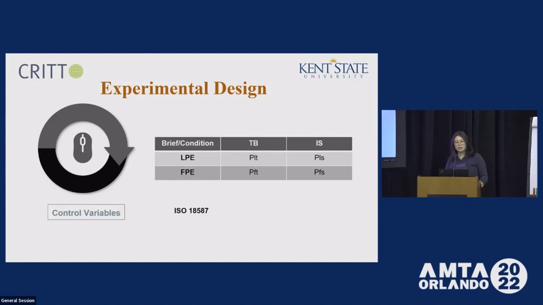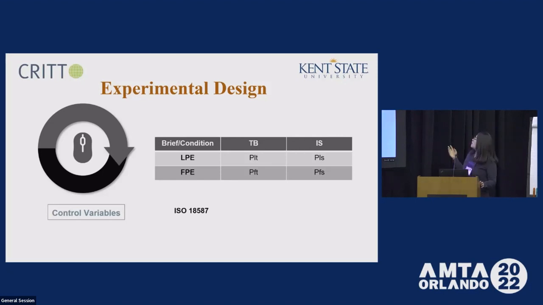That is PLT, which means they need to translate the text with the light post-editing translation brief and the term base we provide, or the light post-editing translation brief with internet search but no access to the term base, or the full post-editing translation brief with the term base we provided. That's what we call PFT.